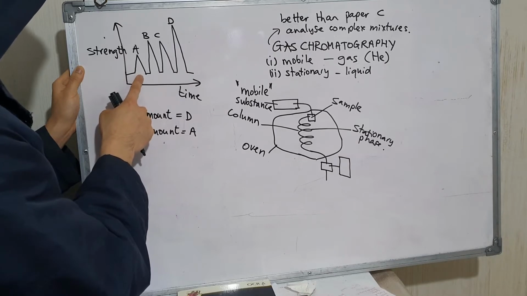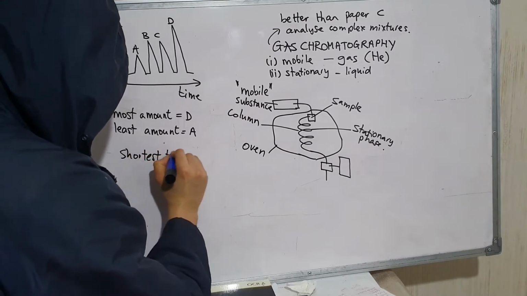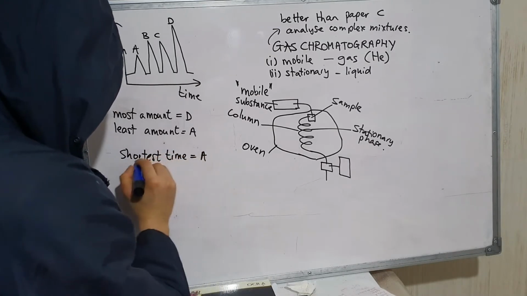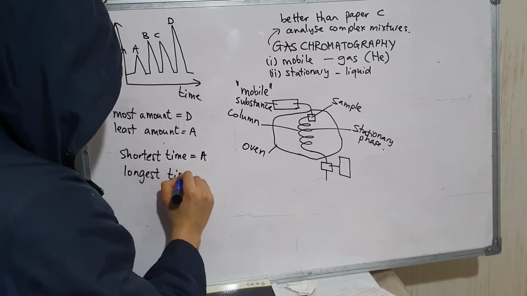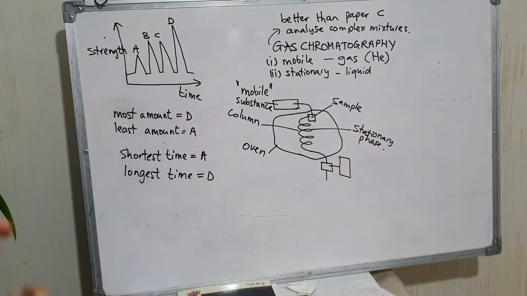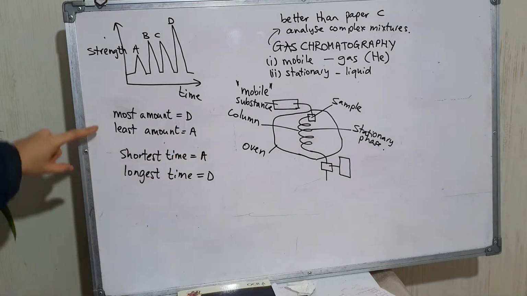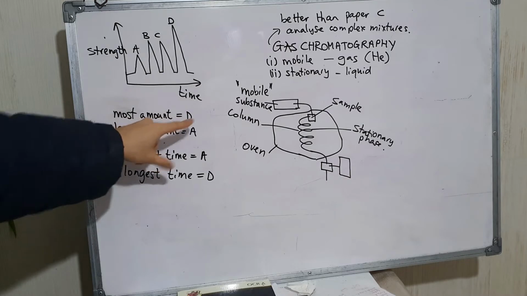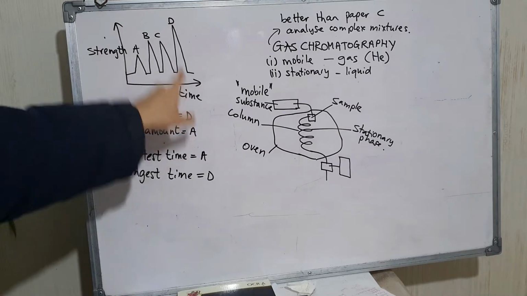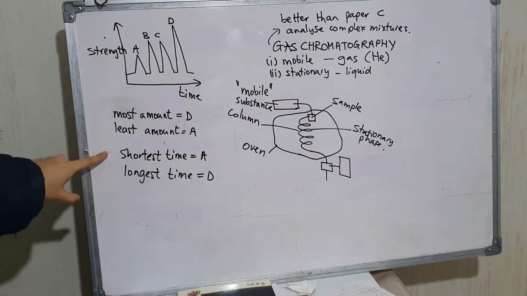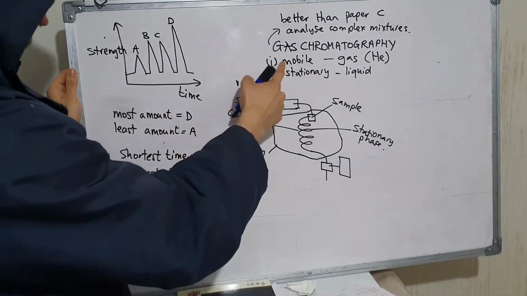Which one has the shortest time? So the shortest time will be A, and the longest time will be D. Okay, so the one that has the least concentration is A, and the highest concentration is D. The one that stays in there the longest is D, that's the longest time, and the one that comes out the quickest will be A. Now A, that would mean that A is being carried by the mobile phase.